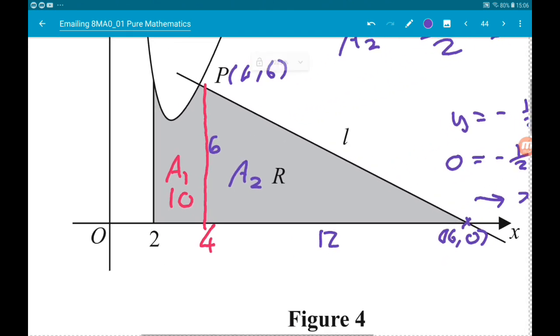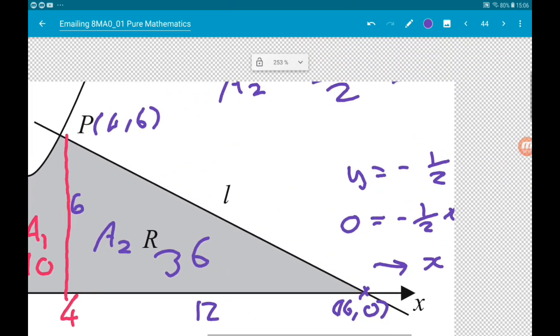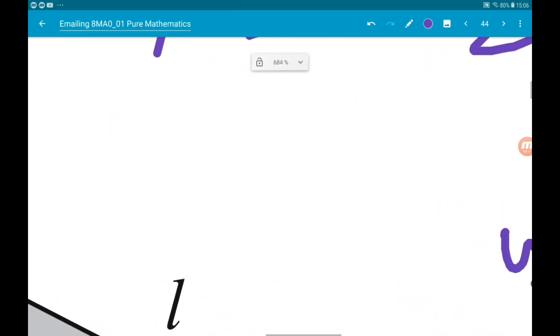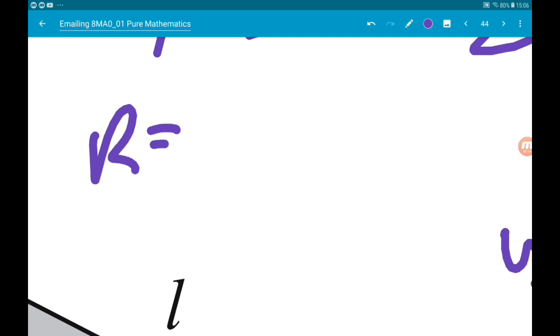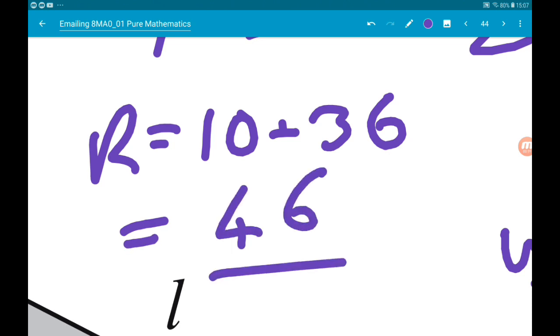So now we know that R is 10 add 36, which is, as we wanted to show, 46. Cool.